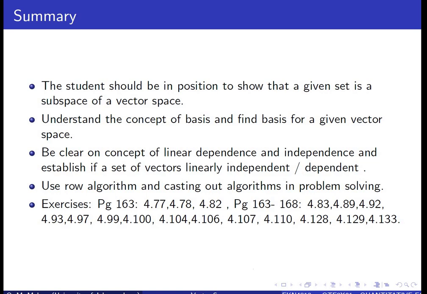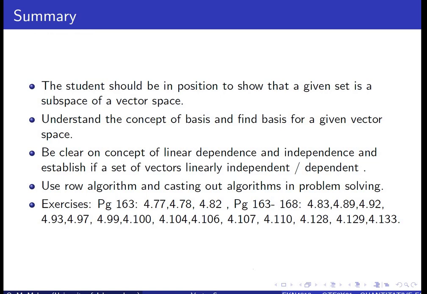So we're done with this chapter of vector spaces. The most important concepts that I will test in this lecture is that you should be in a position to show that a given set is a subspace of a vector space. That's a very important question that you would expect to come out from this chapter. Understand the concept of basis and find a basis for a given vector space, right?